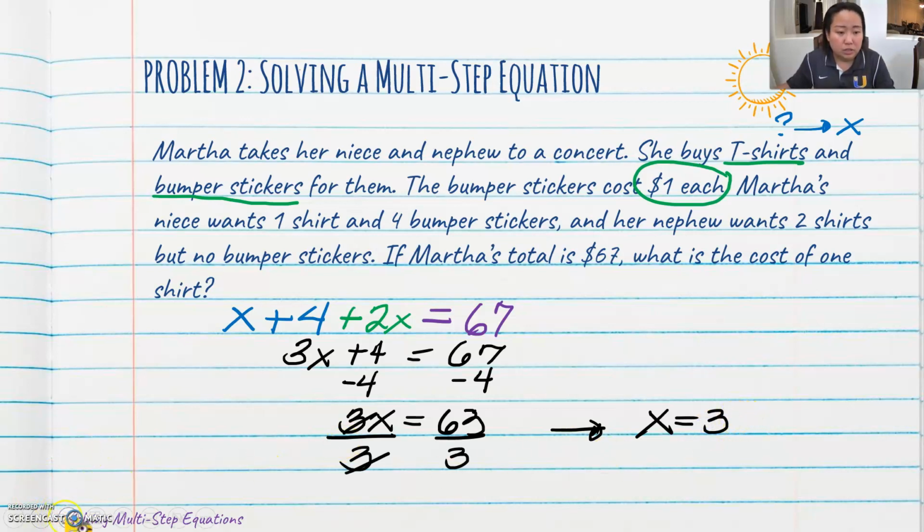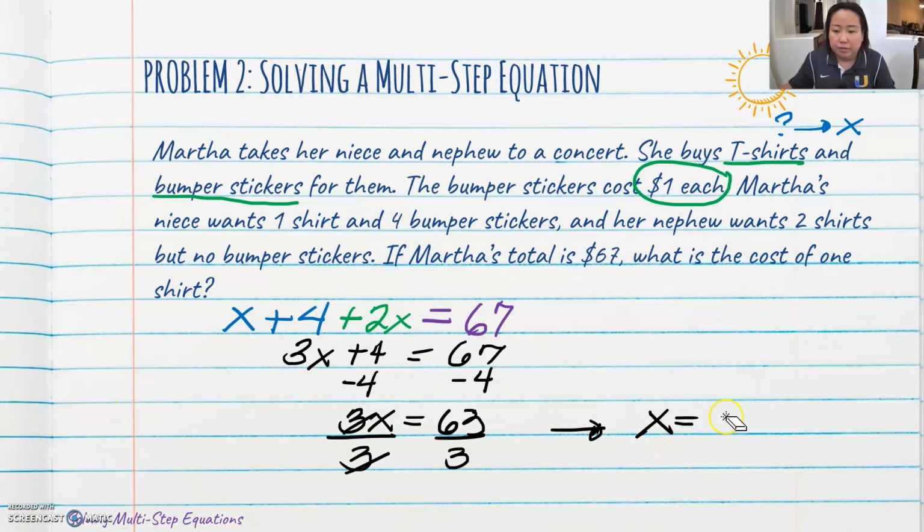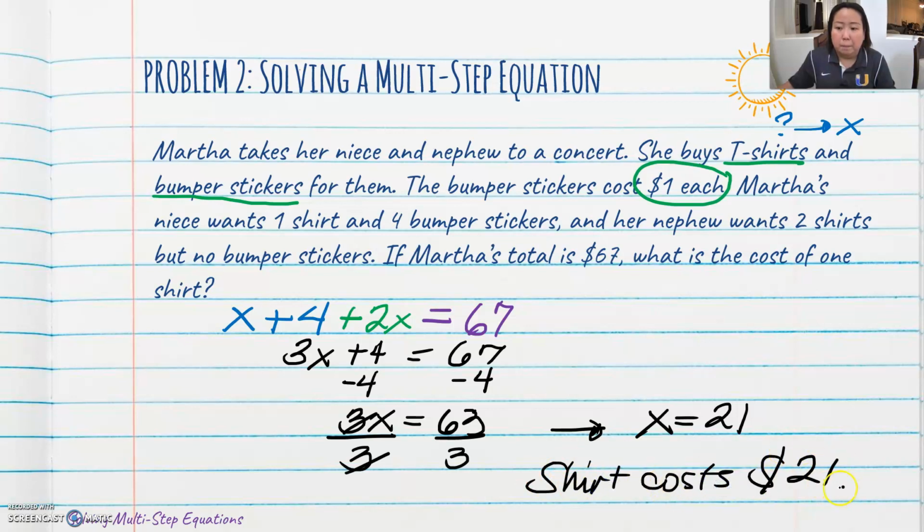My bad, that should be 21. So that should be a 21. Okay, so the shirt costs $21. That's how you can apply a multi-step equation in word problems.